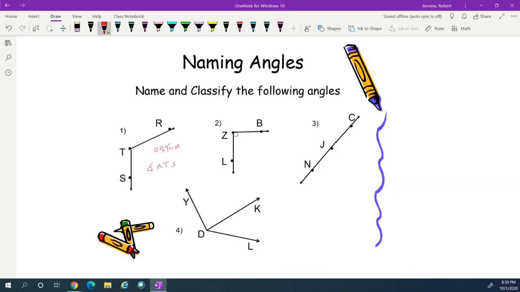I could also call it angle R, angle STR, or even just angle T. In number 2, we know it's a right angle because of the little box. So it's a right angle. And maybe we'll call this one angle LZB. Number 3 is a straight angle.